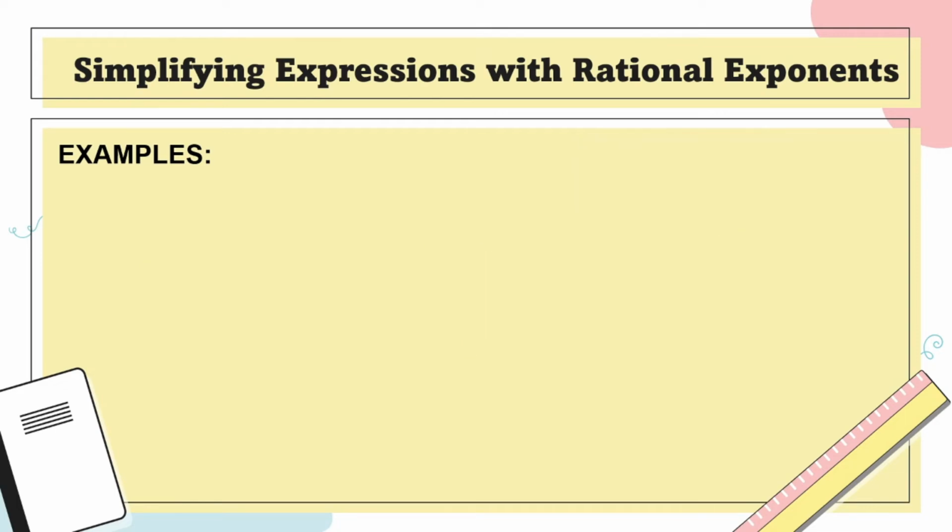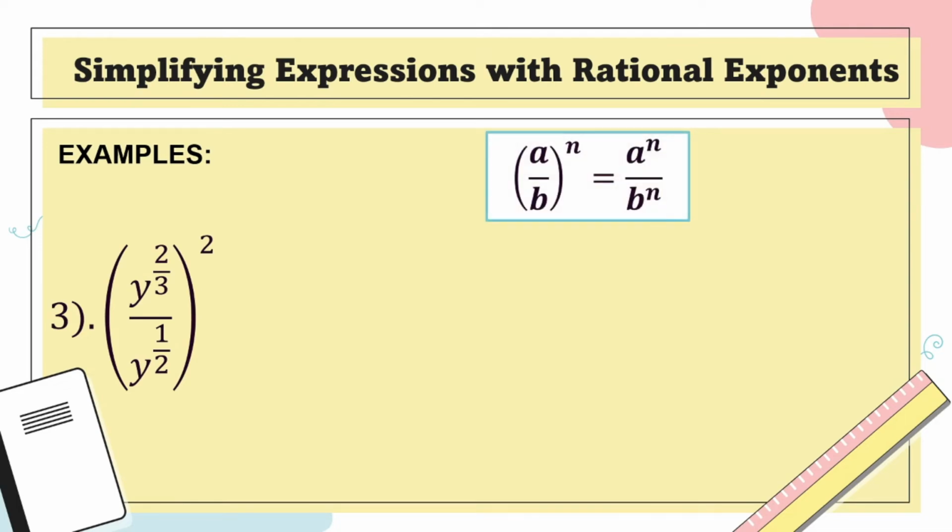For example 3, we have the quantity y raised to 2 over 3 divided by y raised to 1/2, quantity squared. Applying the laws of exponent, when it is a quantity raised to a power, we just distribute its exponent to the numerator and denominator.